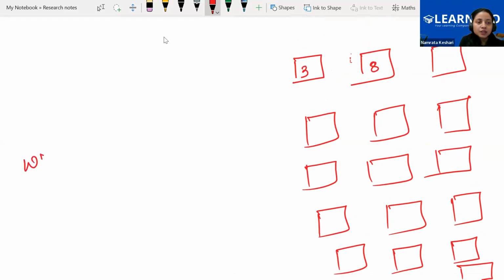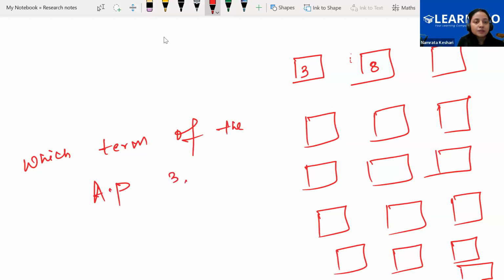Which term of the AP 3, 8, 13, 18 is 78? Everyone got that the n value here is 16.